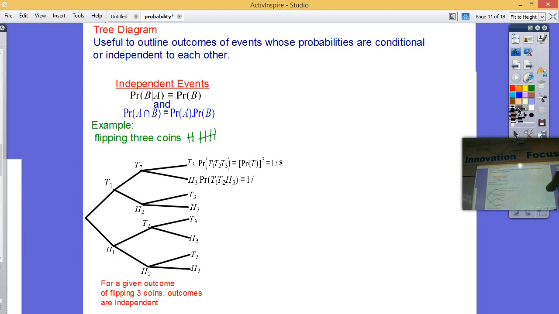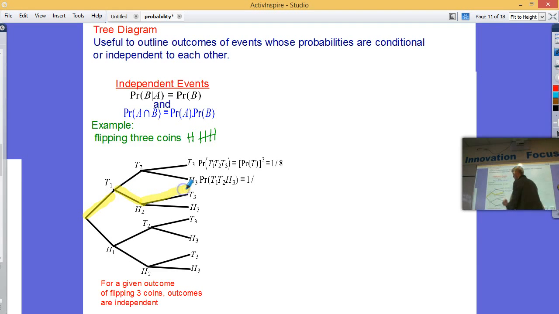So let's have a look at what we have here. We've got 3 flips of a coin, so there's 3 parts to the tree. 1, 2, and then 3. And we can trace paths and get desired outcomes.